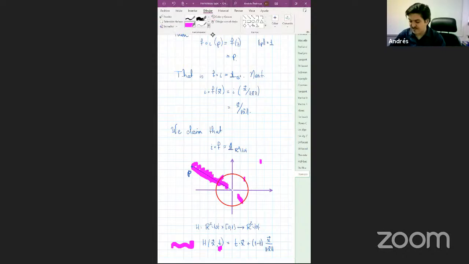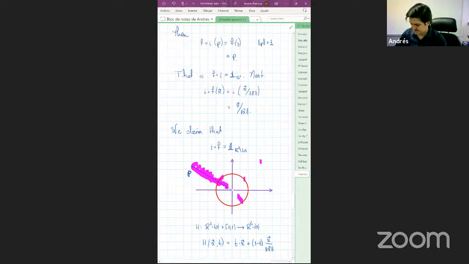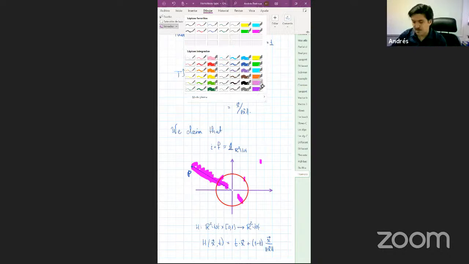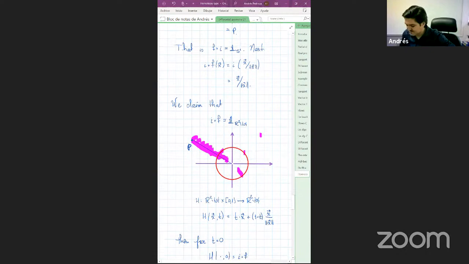So that function is a smooth function because the only problem happens when the vector is 0, but we are in the punctured plane, so there's no problem there. So this is a smooth function.